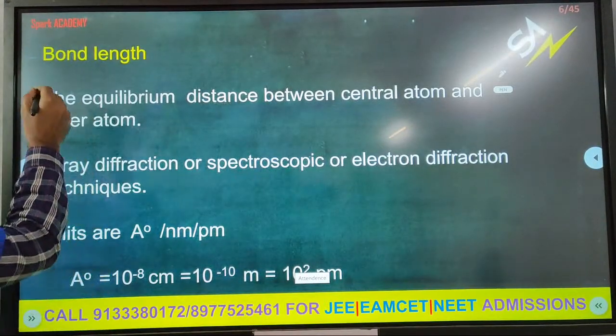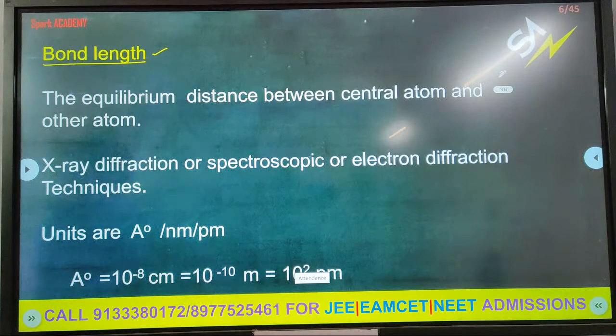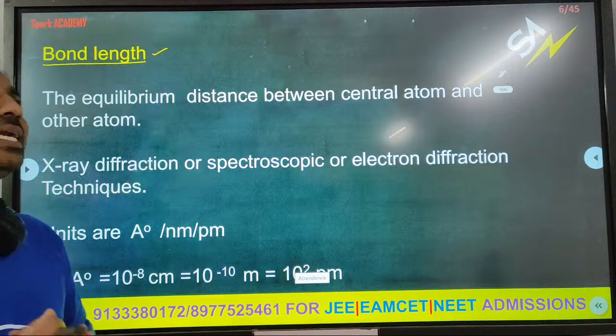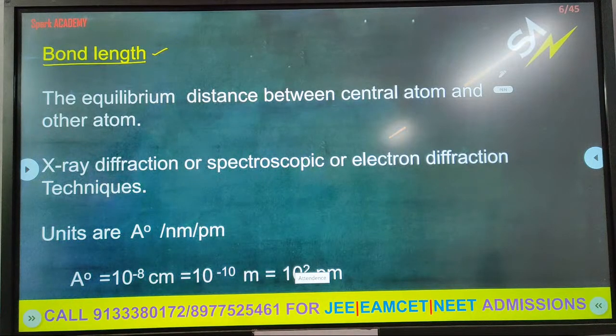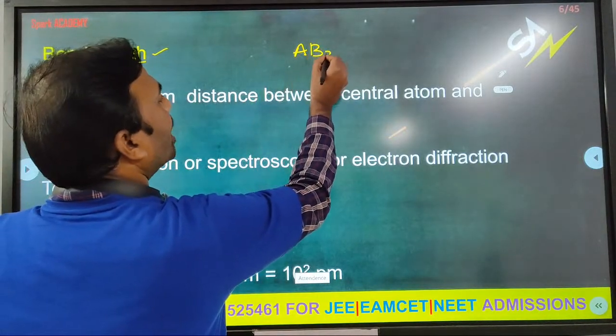Now we see a brief about the bond length. Actually, what is bond length? How can we define this bond length? The equilibrium distance between the central atom and the other atom. For example, here AB3 is the molecule.